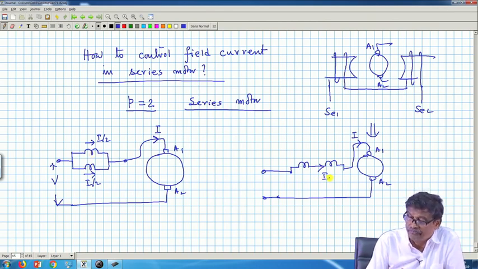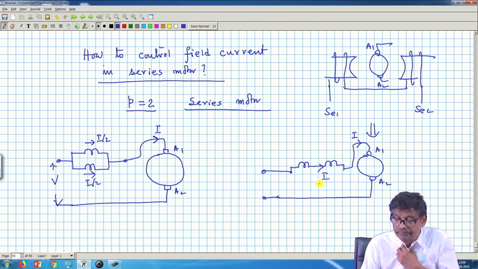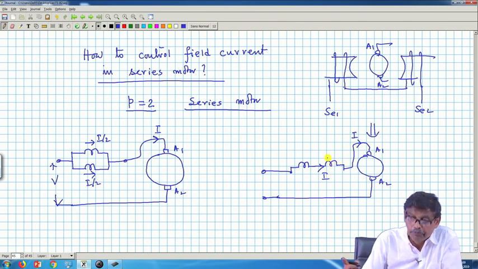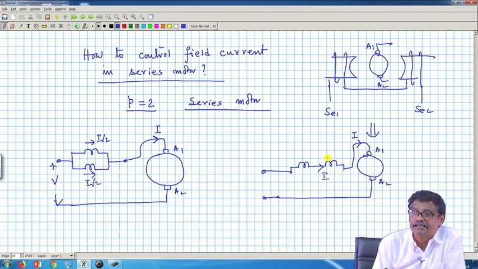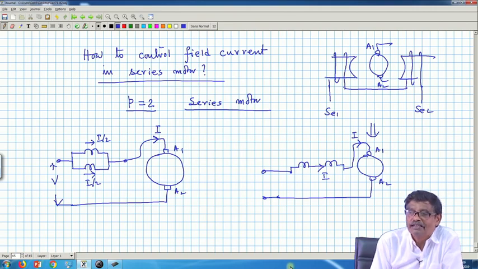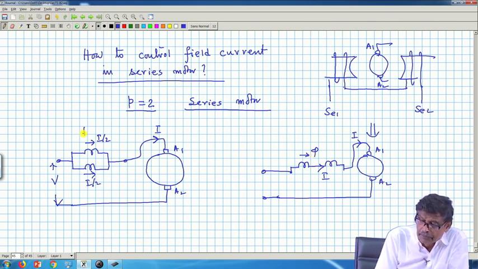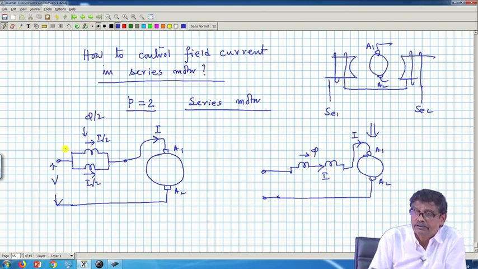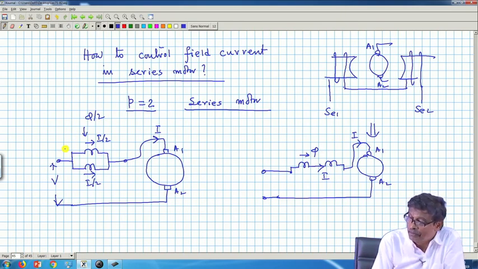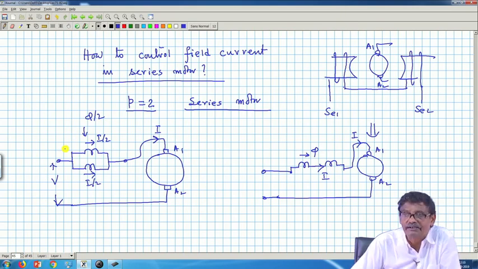Therefore, if flux per pole is phi, which is important, k phi Ia is the torque, back EMF is k phi n. What is phi? Phi is flux per pole. So, flux per pole in this case, if it is phi, in this case it will be phi by 2, because you are passing the current through the same number of turns.